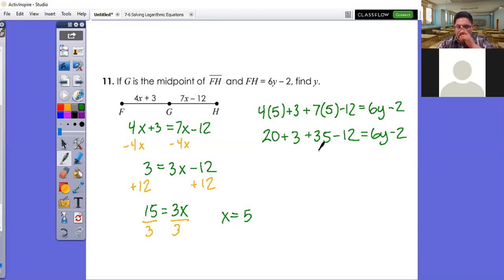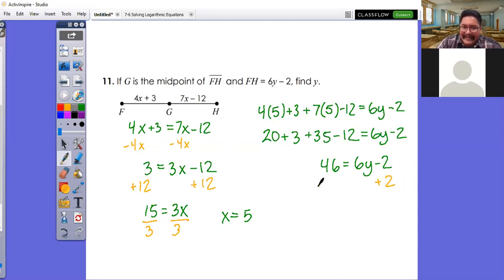And then I'm gonna go ahead and put all this together. So this is gonna be 23 plus 35 minus 12. That's gonna be 46 equals, nothing changes on this side, so I'm gonna leave it as 6y minus 2. But I am gonna try to get rid of this here.